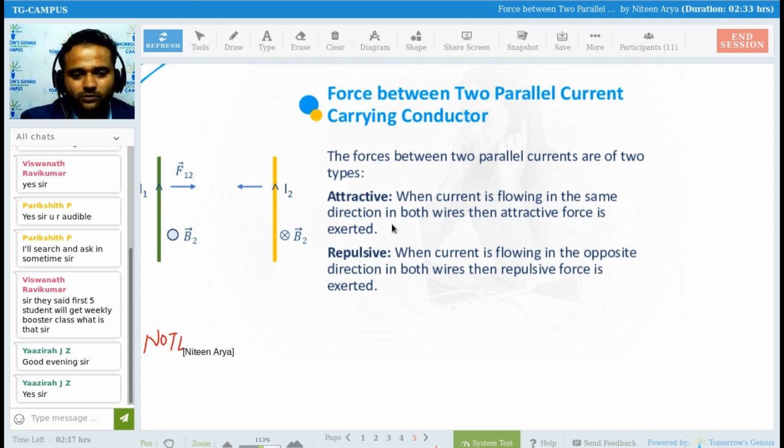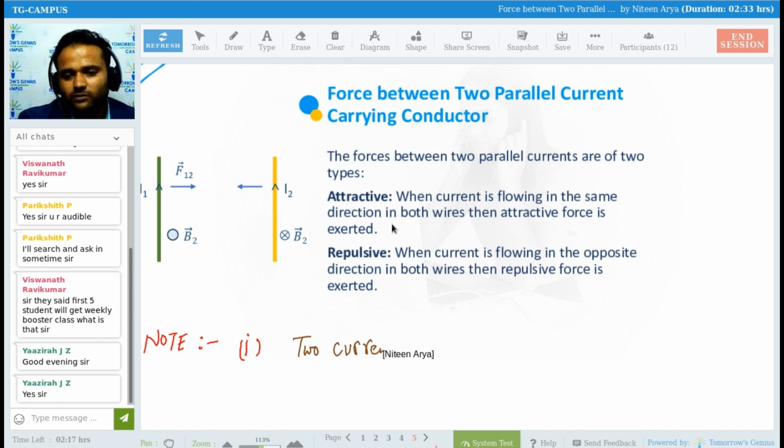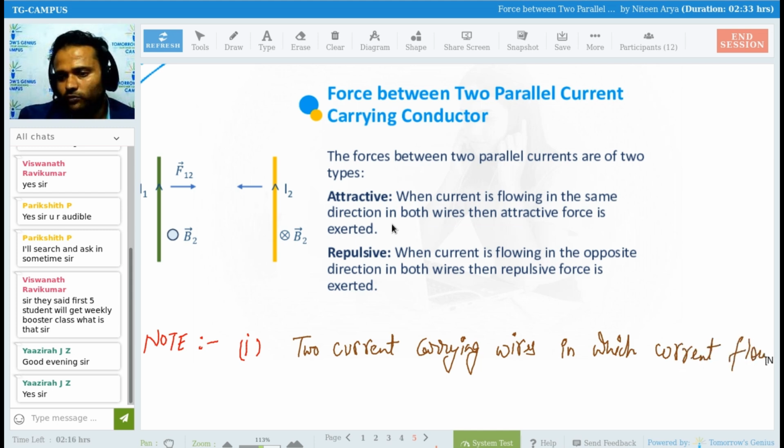Why is this happening? So the note is, first one: two current carrying wires in which current flows in the same direction, the magnetic force they apply.